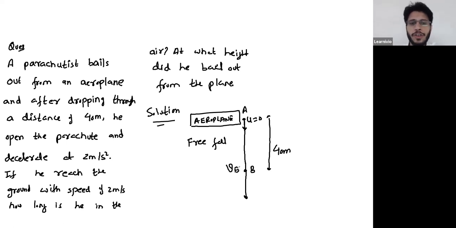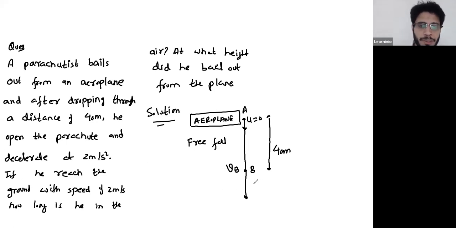Now, when he opened the parachute, will its velocity remain the same VB or decrease? Decrease, because once you open the parachute, the air friction starts acting upwards on this person. So its velocity will decrease. That's why a parachute is used, to decrease the velocity of the falling body.